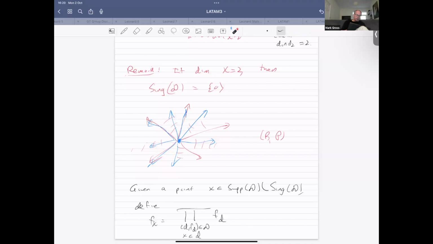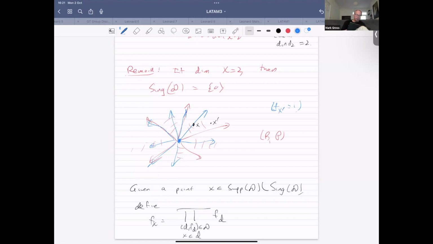Already in two dimensions, suppose you put your point x over here. I drew only one wall here, but of course you might have many different walls sitting on top of each other, each carrying its own function f_d. So I'm going to take the product of all those functions. That will depend on x as you vary x. For example, if x moves over to the point x prime here, f_x' is 1 because x' doesn't lie on a wall at all.